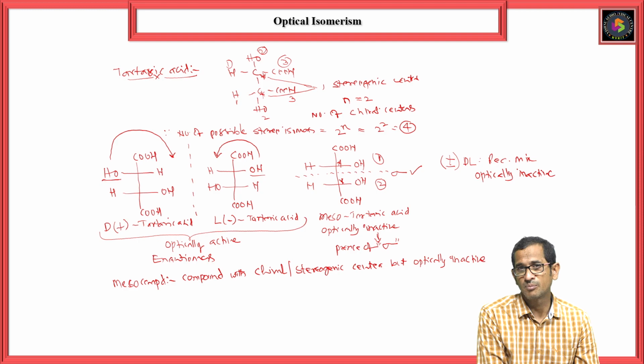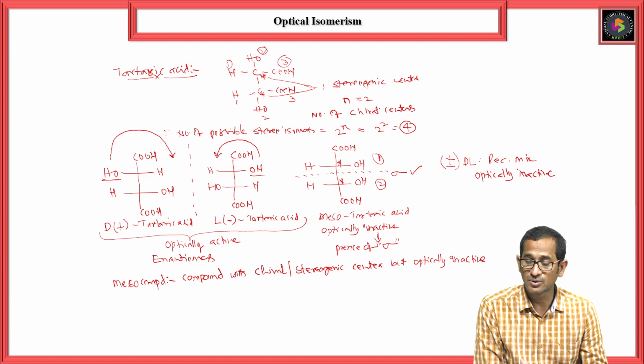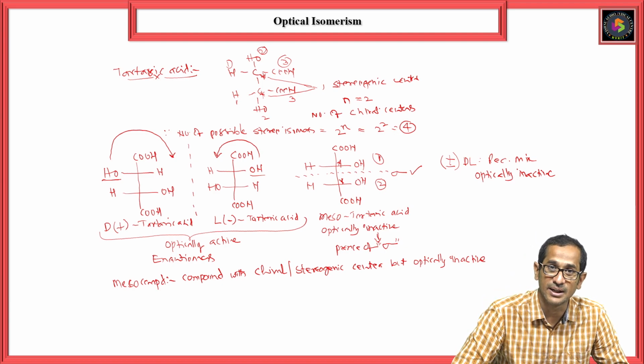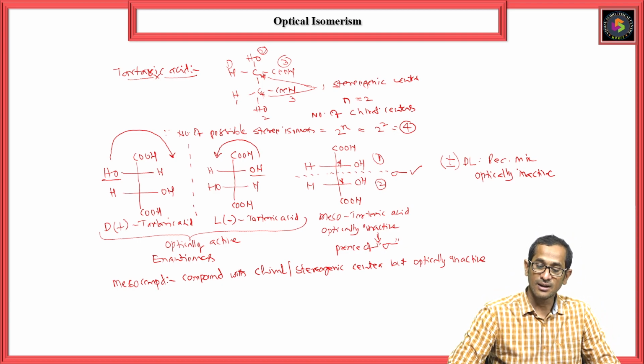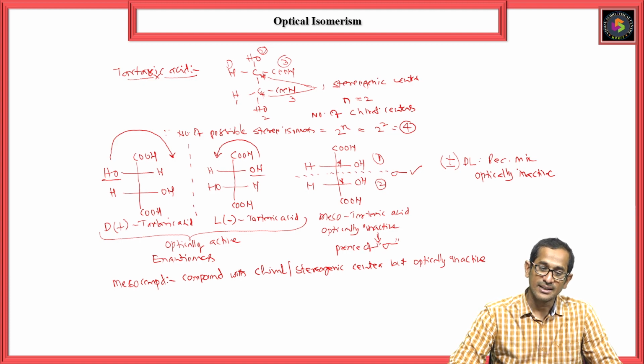Meso compounds are compounds which are optically inactive with at least one stereocenter. And finally, the fourth one is the racemic mixture, which is optically inactive. So these are the 4 possible isomers, and this is the optical isomerism exhibited by tartaric acid. So that's it. This is about optical isomerism. Thank you.